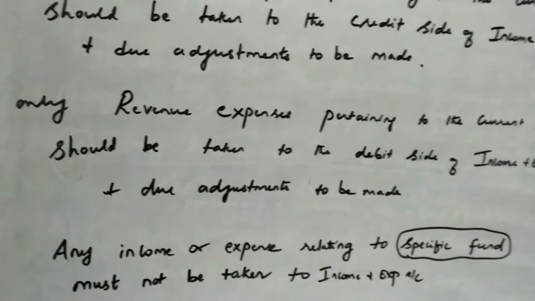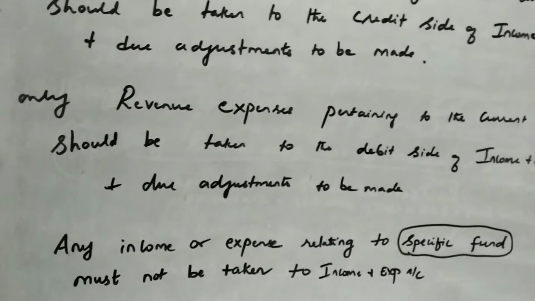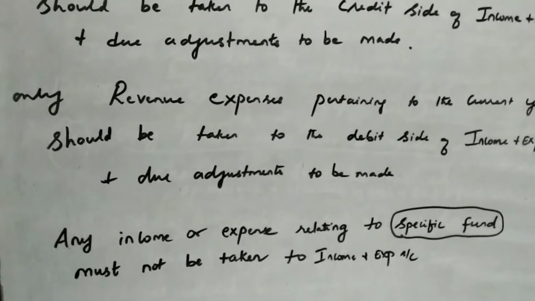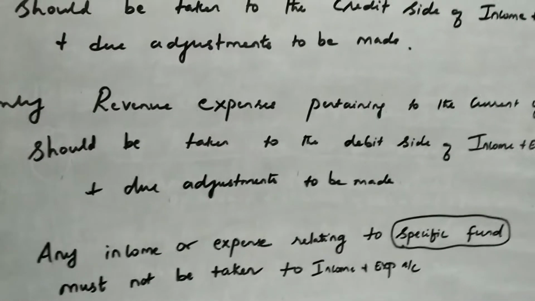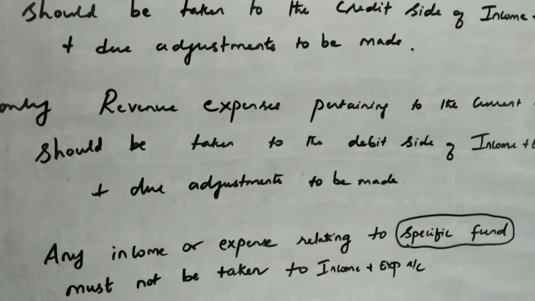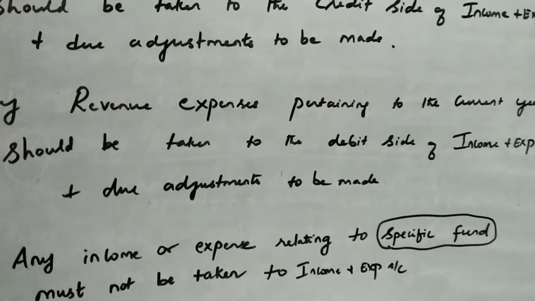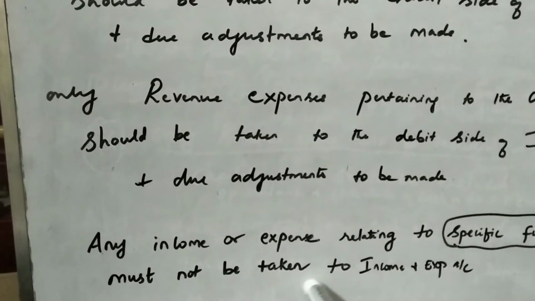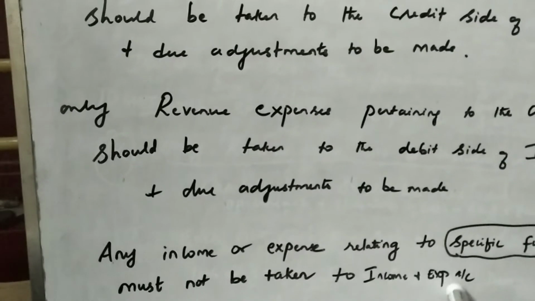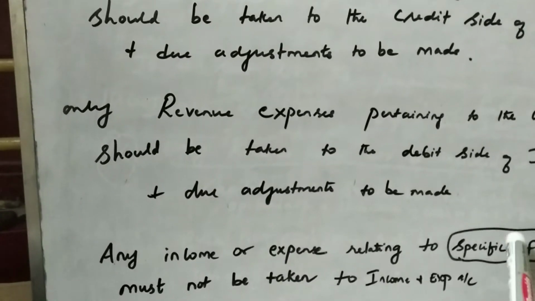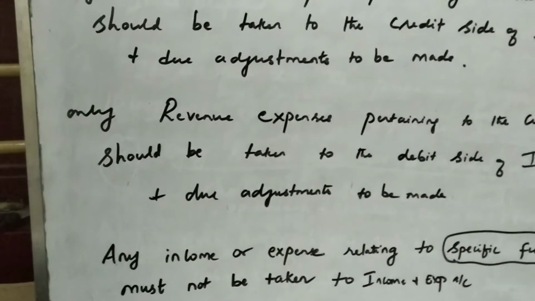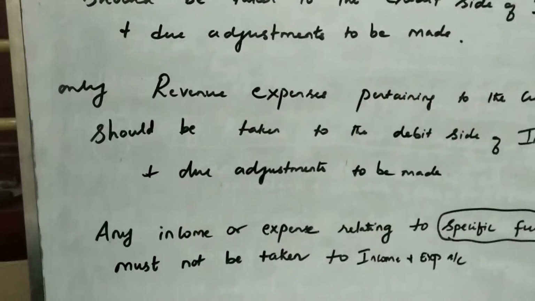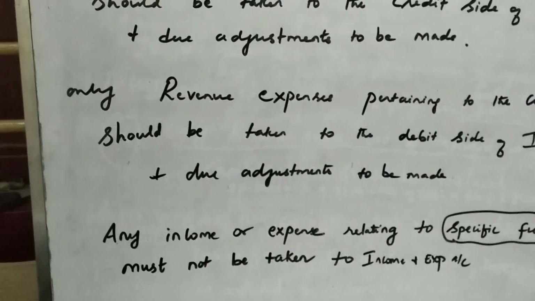You call that a specific fund. So any income or expense relating to a specific fund must not be taken to income and expenditure account. Those specific funds will be shown in the balance sheet on the liability side, not in income and expenditure account.